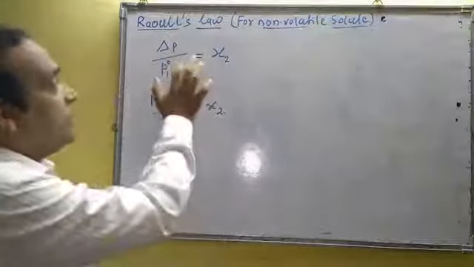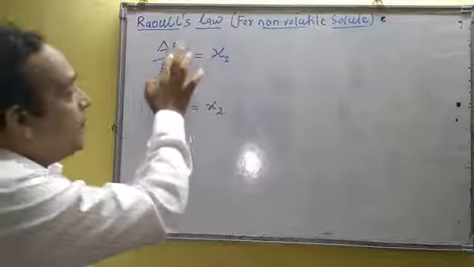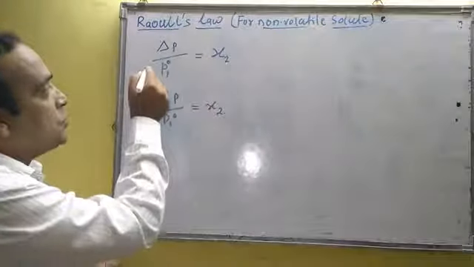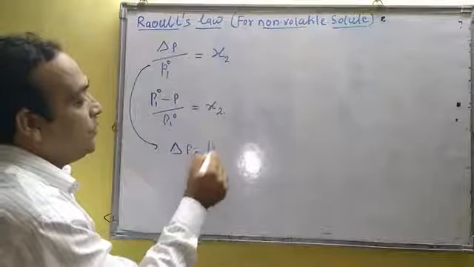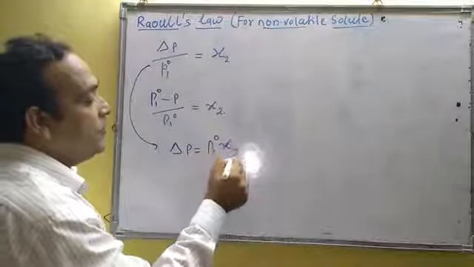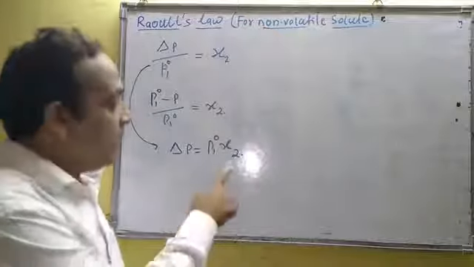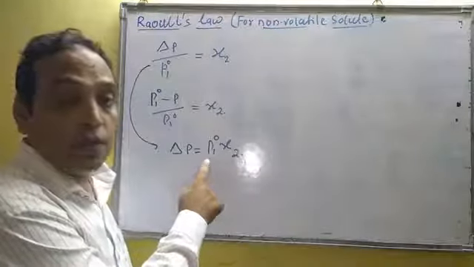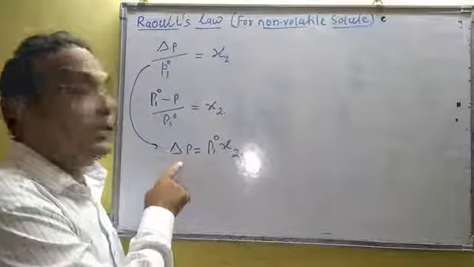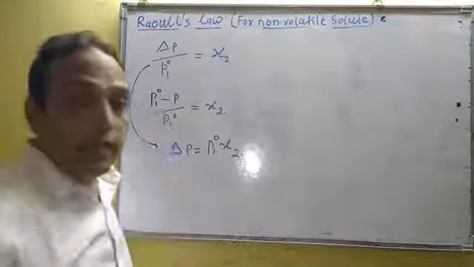Now, this statement, delta P upon P1 naught is equal to X2, we can rearrange as delta P is equal to P1 naught into X2. What is X2? Mole fraction of solute. P1 naught is the vapor pressure of solvent. Delta P is P1 naught minus P, that is the lowering in vapor pressure.